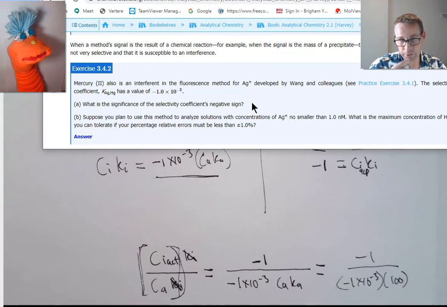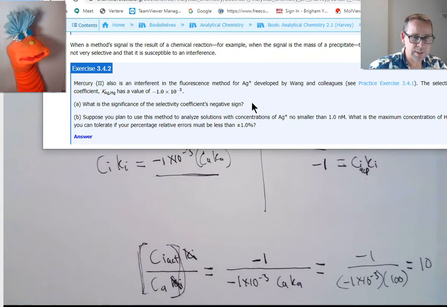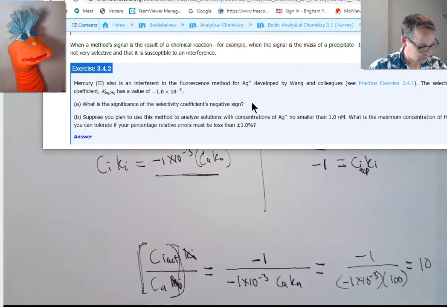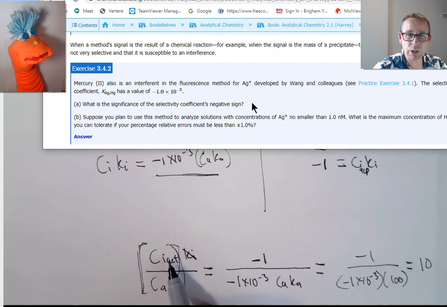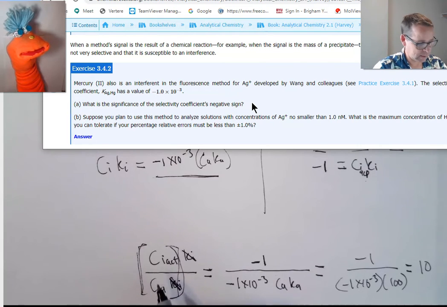Okay, very good. So if I solve for this, that equals 10. So the ratio of the concentration of the interferent to the concentration of the analyte for a sample is going to be 10 times the concentration that you're measuring.